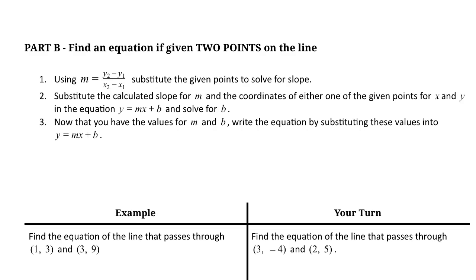Once you find the slope, you're going to substitute it in the place of m in your equation template, and then you can choose any of the 2 points to plug into the letters x and y, just like we did with our previous examples. A coordinate point can always be put into the place of x and y, and once you do that, you then have enough information to solve for b. Once you have the values for m and b, you can go ahead and write your final equation.